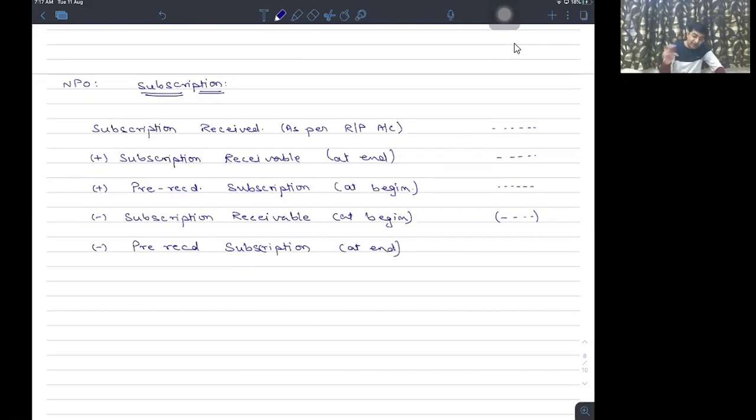That is included in the receipt and payment amount, but that amount is not the income of current year. Therefore, that will also be subtracted, and the net amount, the final amount, is what you call subscription income in the income and expenditure account. That's how you do it.